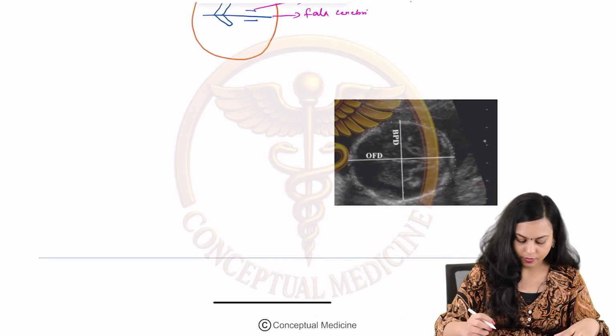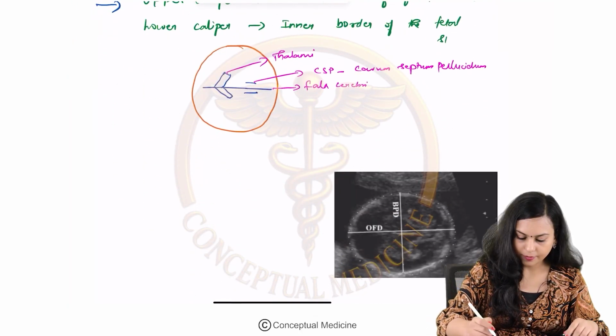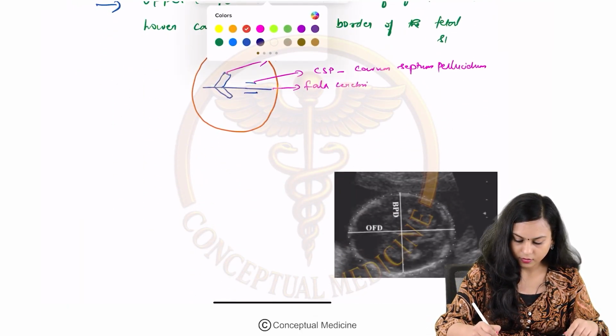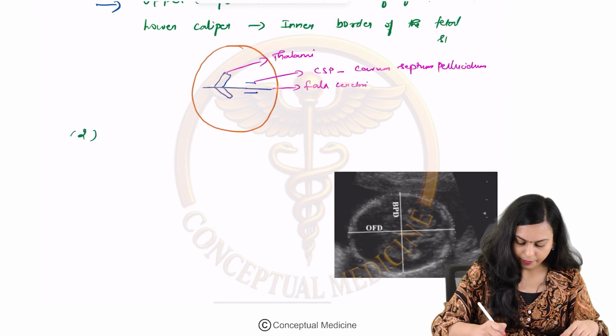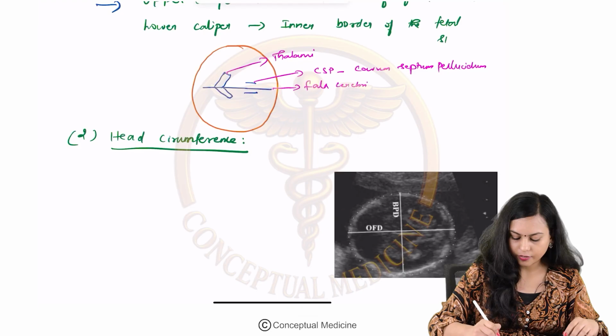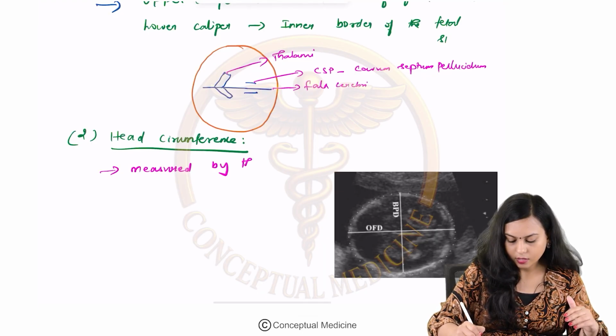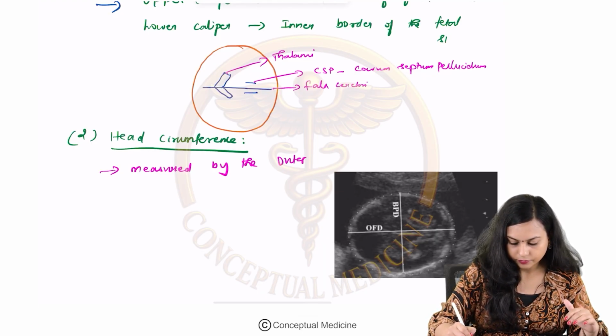And the next one, the second diameter, is the head circumference. Head circumference is measured by the outer borders of the skull.